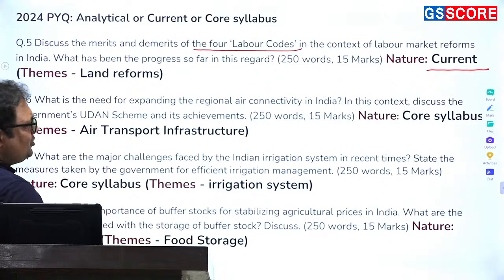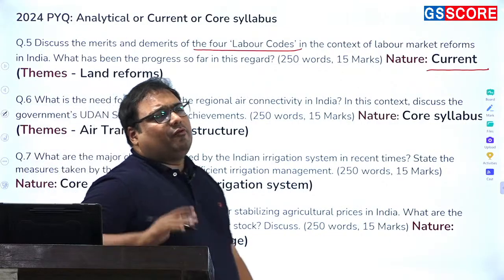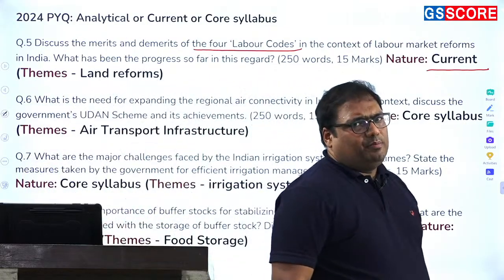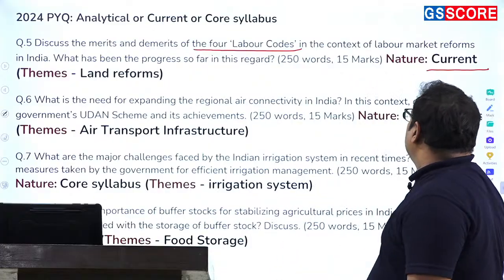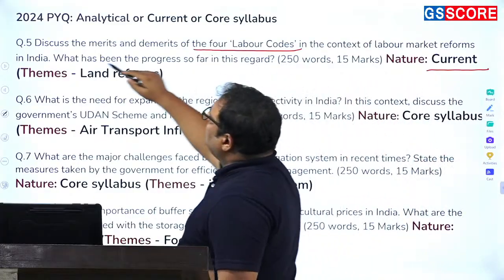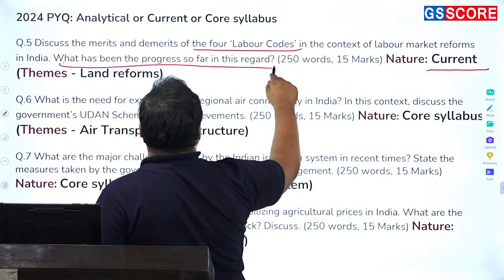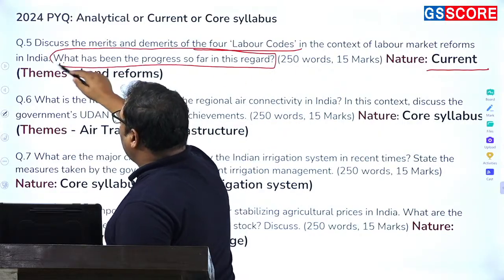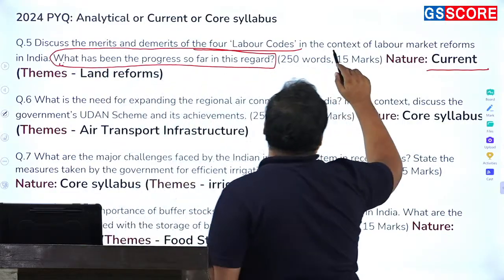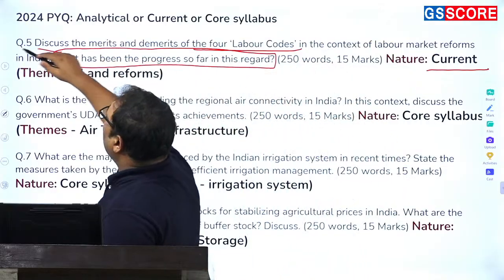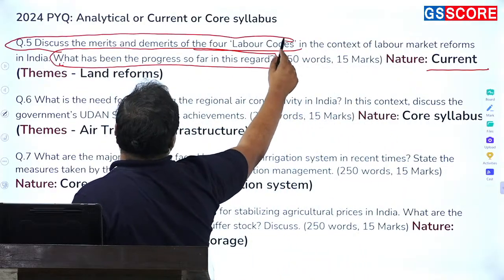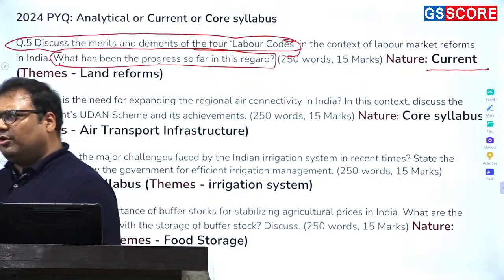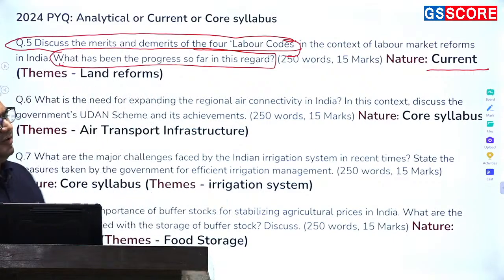So the code on wages, etc. There have been 4 total labor related bills, and you have to talk about what has happened in the last 4 or 5 years regarding that, and similarly you also have to talk about their merits and demerits. So of course there is some application to it, but still largely a current affairs related question.